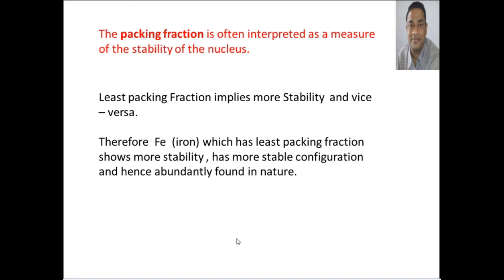Now this simply means that the nucleus of an iron atom has a more stable configuration, and if the nucleus is more stable, then there is a possibility that that particular element will be found in a large quantity in nature. That is the reason why the element iron is abundantly found in nature.